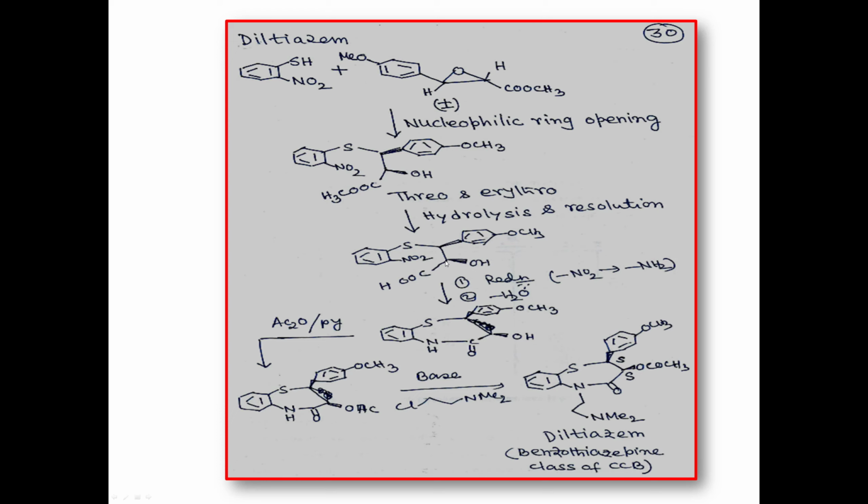So this center is S, and this center is also S. That will proceed for the final synthesis of diltiazem. Now, when it is subjected to reduction, the reducible nitro group will be converted into NH2, and this NH2 and the carboxylic acid will undergo cyclodehydration, meaning a water molecule will go, and we will get one ring.